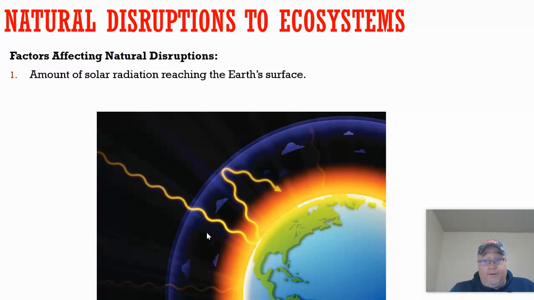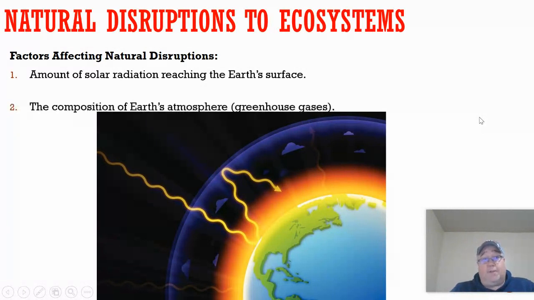If you live at the equator, for example, or near the Arctic Circle, how much of that radiation actually reaches the surface varies. It has even varied throughout time. You can look at the history of how the Earth rotates around the sun, and even when meteors have hit the Earth and knocked us out of orbit a tiny bit, that has impacted how much solar radiation has reached the Earth. That definitely affects natural disruptions.